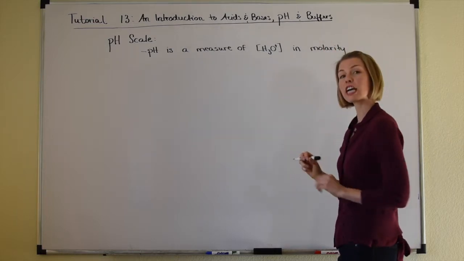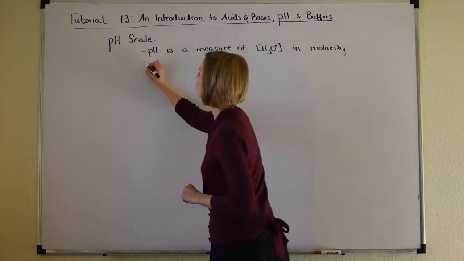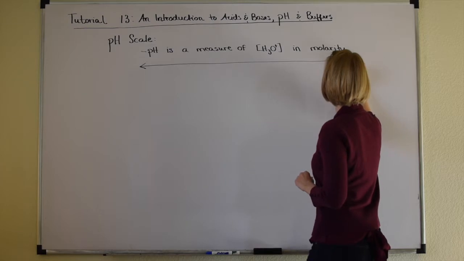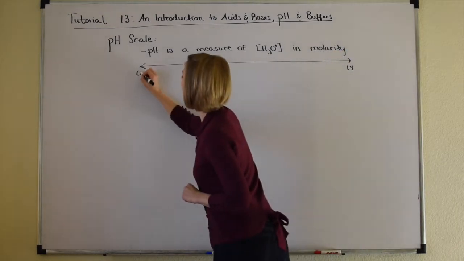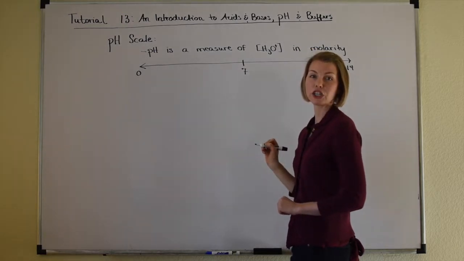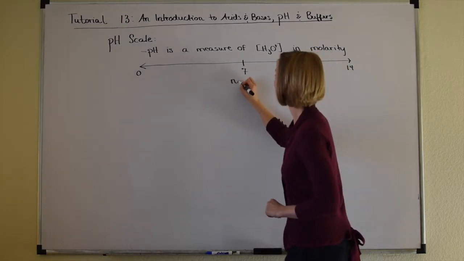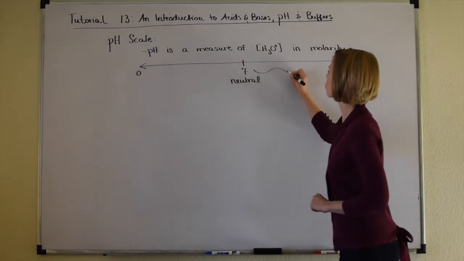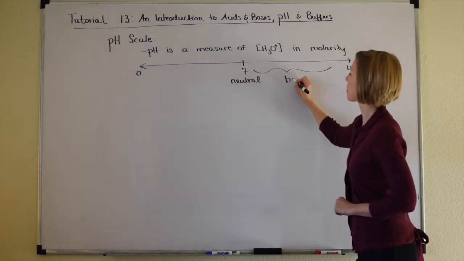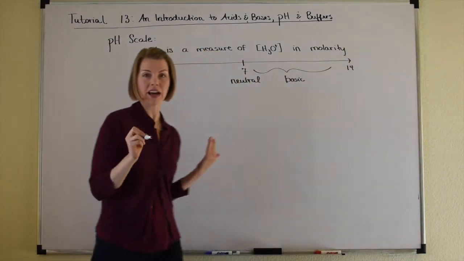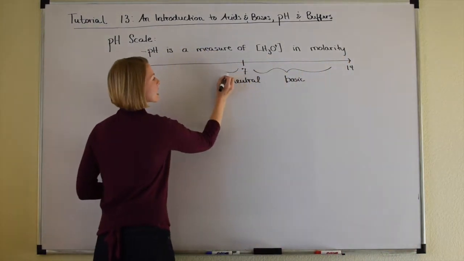And the pH scale runs from 0 to 14. A pH of 7 is considered neutral. A pH greater than 7 is basic, and a pH less than 7 is acidic.